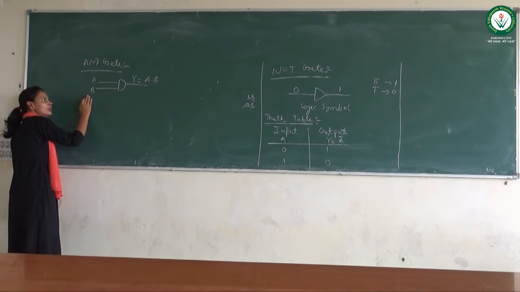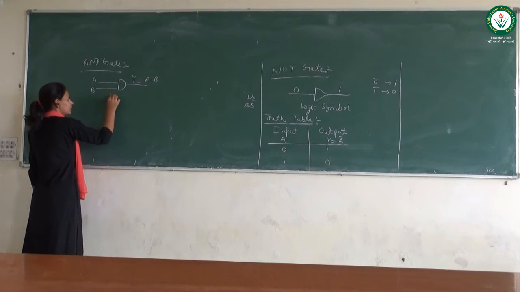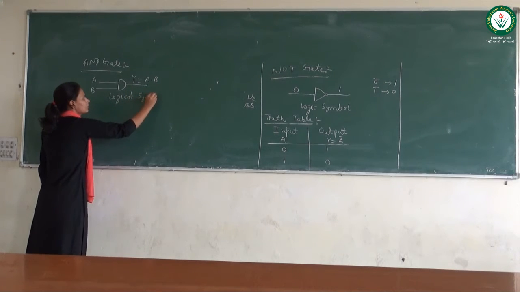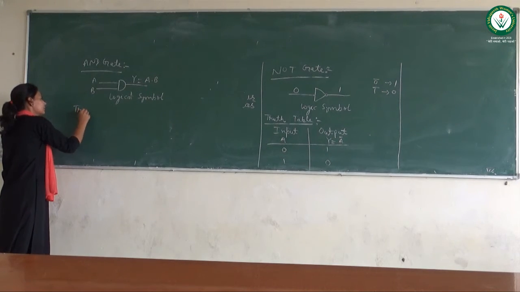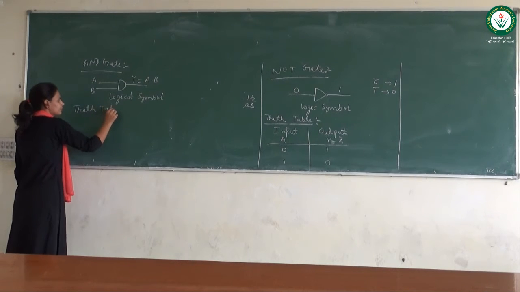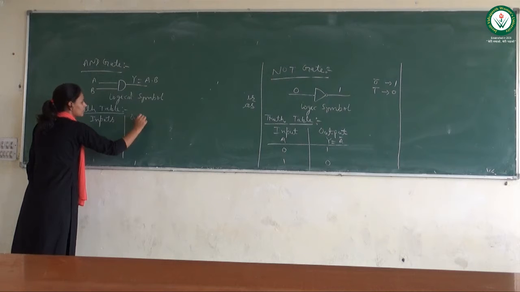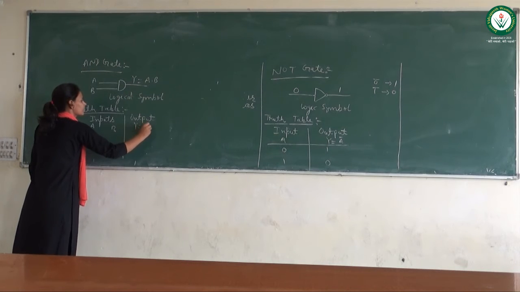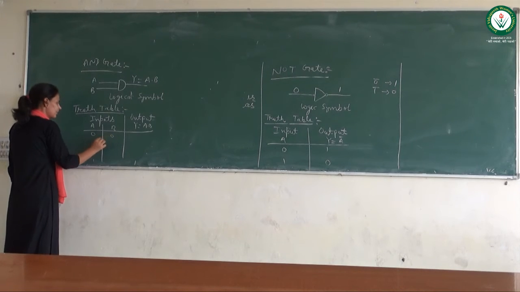If A and B are the inputs of AND gate, then the output of the AND gate will be A into B. Now we will draw the truth table of AND gate. Total number of input combinations will be 4.